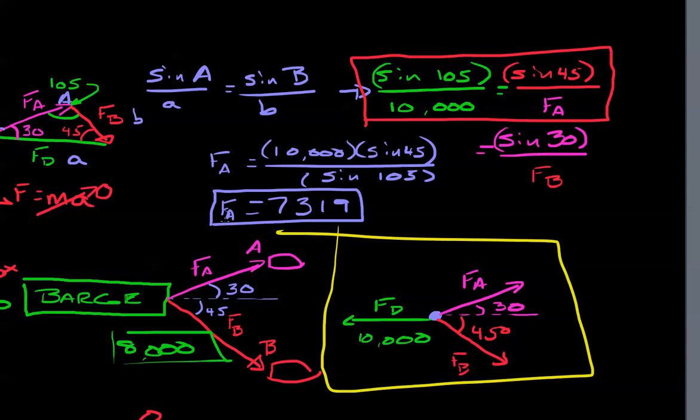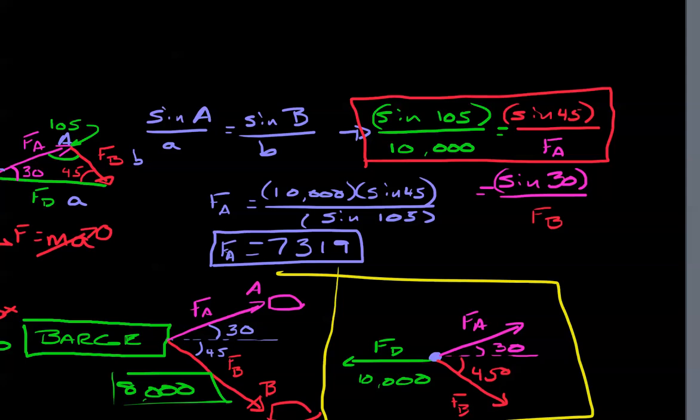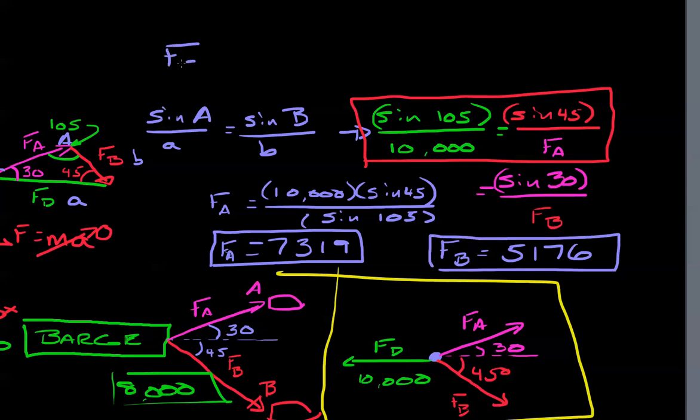And we also did it on a calculator, so it kept track of everything. Force B, same idea, do the same setup. And if you do that, you'll find that the answer is 5,176.